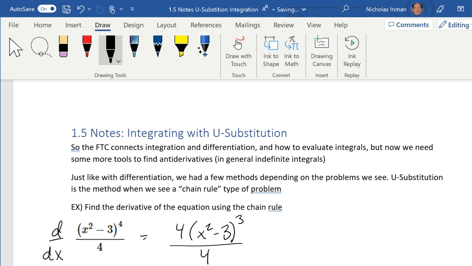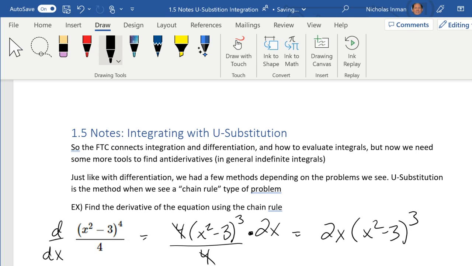But then you had to chain on, you had to multiply by the derivative of the inside, whatever's inside of this larger function. And the derivative of x squared minus 3, well, that's just a simple 2x. And so those would cancel there, and we wind up with a nice 2x times x squared minus 3 to the third power.